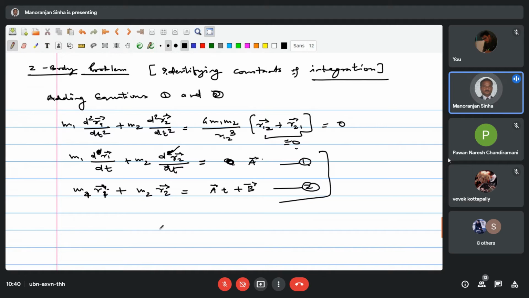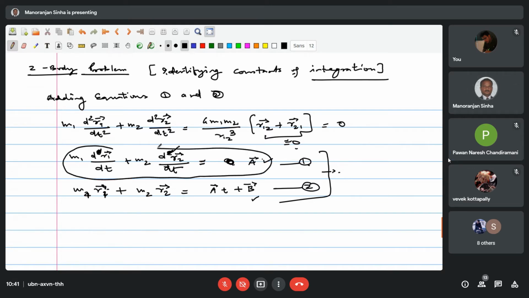So how many constants are involved here in A and B? How many constants are involved in these two equations? Anybody can tell me? Sir, 12 again. No. This is the equation where r1, r2, r3 we have integrated.